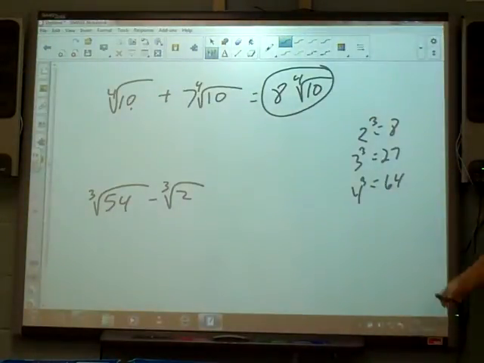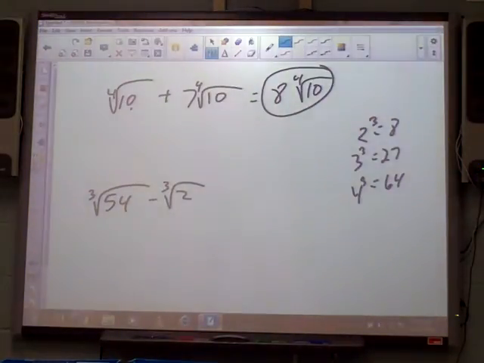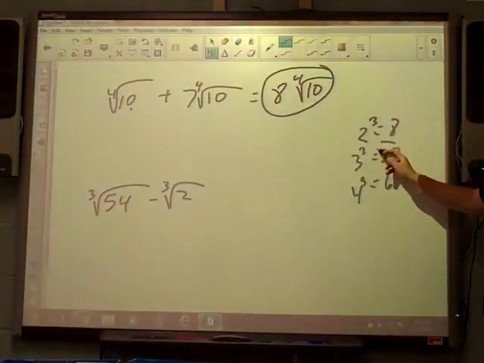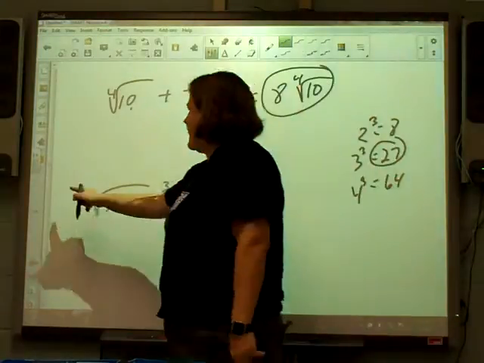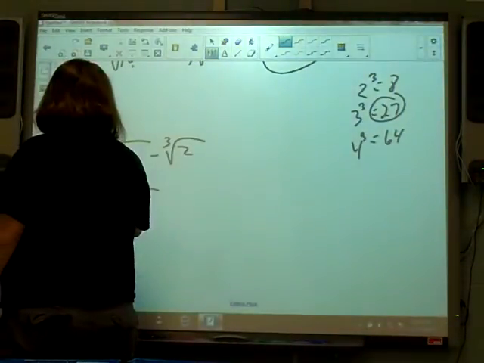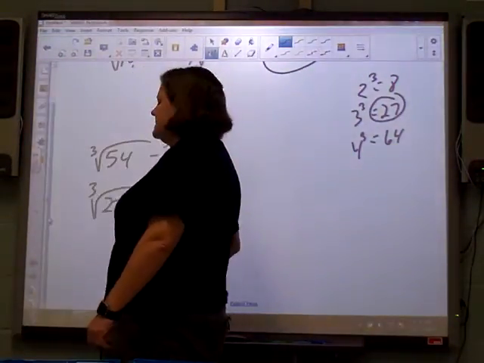That was too big, so I'm looking at 27 and 8. Will one of those go evenly into 54? 8, no. 27 does, 2 times. So this is the same as the cube root of 27 times 2.